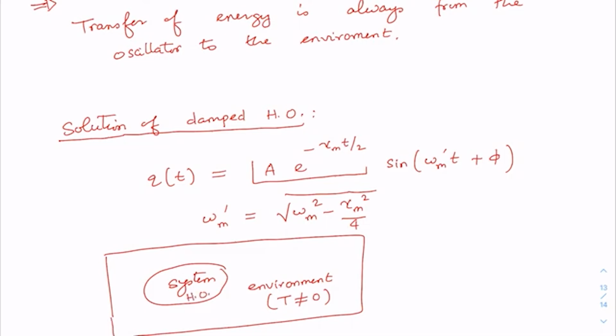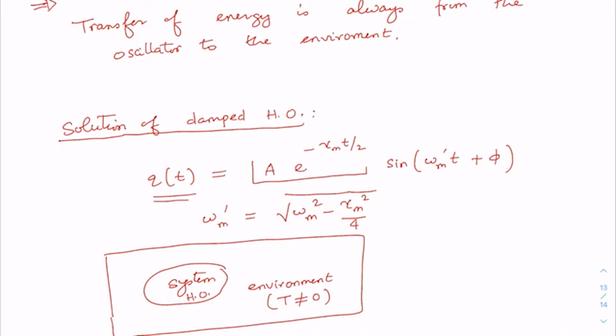Now if it is interacting with the environment at thermal equilibrium, the system is also going to have some temperature, so there is definitely going to be displacement. So as time goes on this q of t cannot go to zero. Actually that's what the solution says, but in reality that is not the case. If it is in thermal equilibrium, there will always be some kind of displacement.